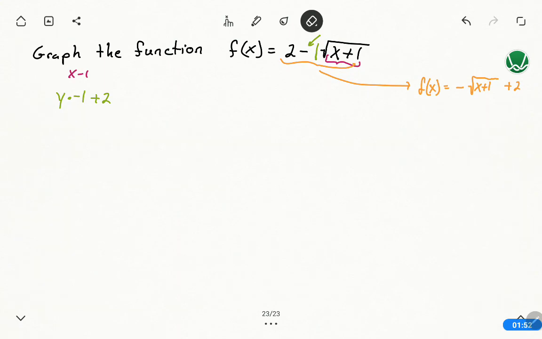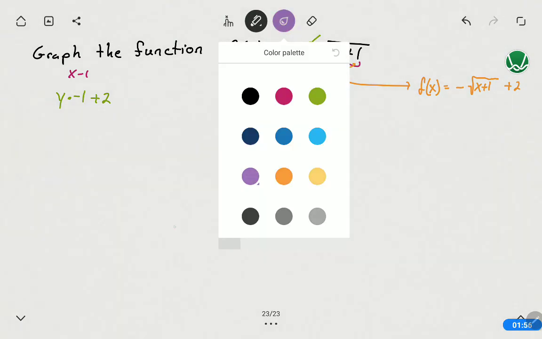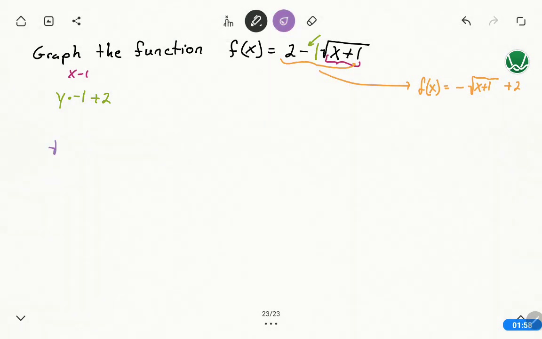But now that we have our transformation rules, we're going to go ahead and use some points from the basic function. The basic parent function is the square root of x, and we usually use the x values of negative 1, 0, and 1 as reference points, since most of the parent functions are centered around 0. Now, if we try to take the square root of negative 1, it doesn't actually exist, so we can't use that point.